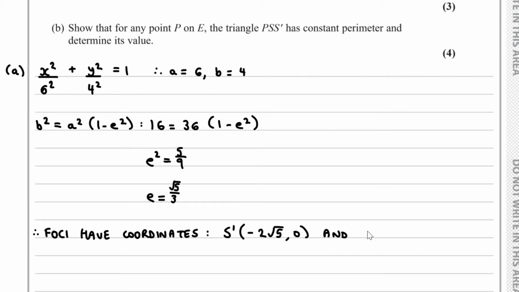And also, we've got S, which would have coordinates positive 2 root 5, 0. So all we've just done here is multiplied 6 by root 5 over 3 to get 2 root 5. And we've also got the negative of that as well here.